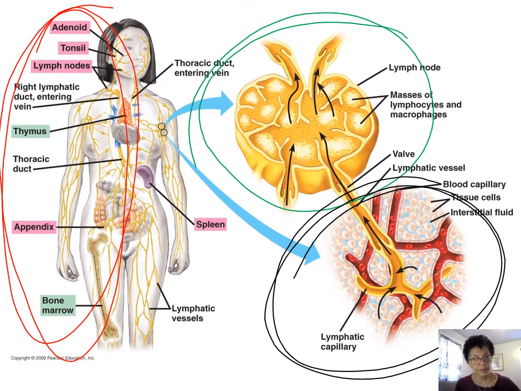So we collect lymph in a lymphatic capillary because there's a pressure gradient. Lymph capillaries are highly permeable. They have one-way valves.